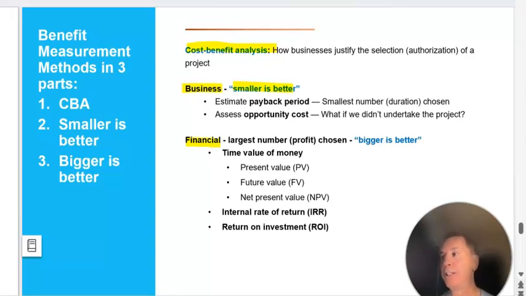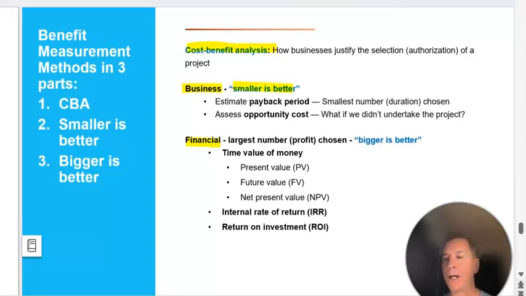And yet inflation will decrease the value of that money. So my present value today will be far less than a future value of money. So how can my project create a bigger value because the company has invested their resources in my project? This is what we mean about the time value of money.